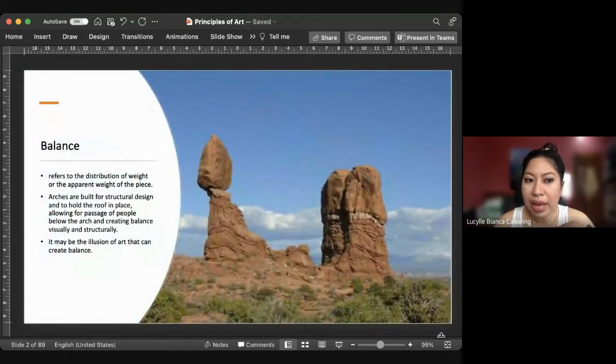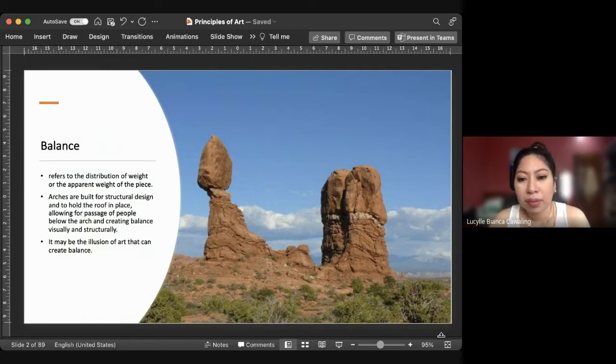So you have balance. What is balance? Balance here is the distribution of visual weight. So when you say balance in visual art, it is the weight in what you see, the visual weight of the objects.